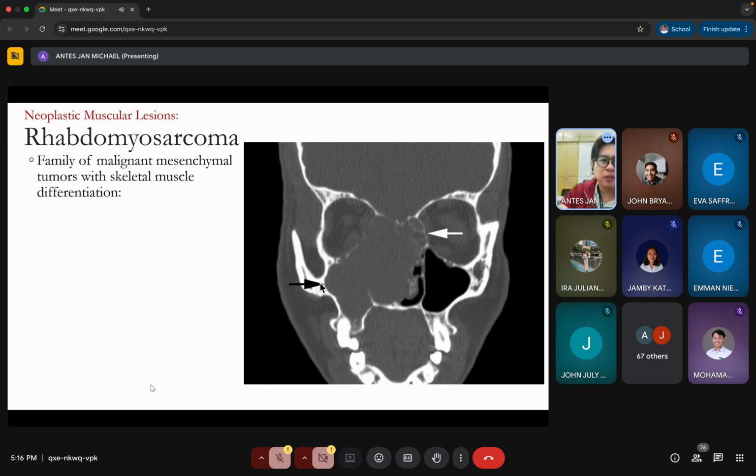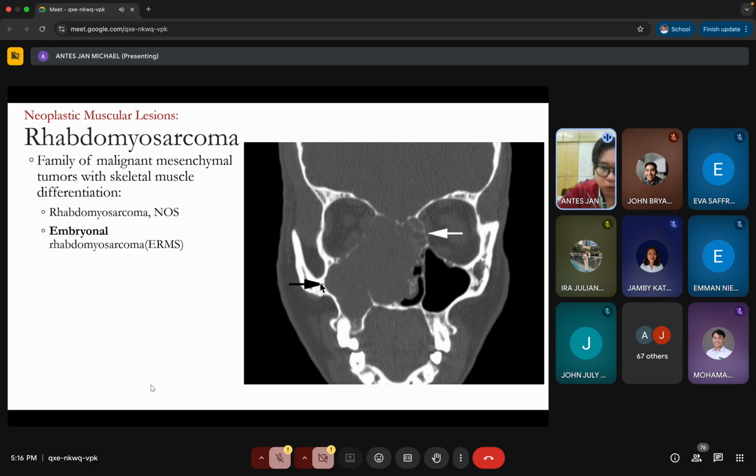Generally, what we look at here are the common subtypes of rhabdomyosarcoma. We have rhabdomyosarcoma, not otherwise specified, so it isn't in line with those specific markers. I mean specific subtypes.